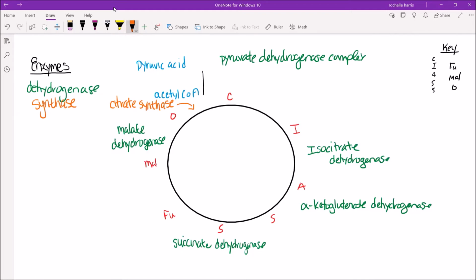Then our next one is between succinyl-CoA and succinic acid, and that is succinyl-CoA synthase.